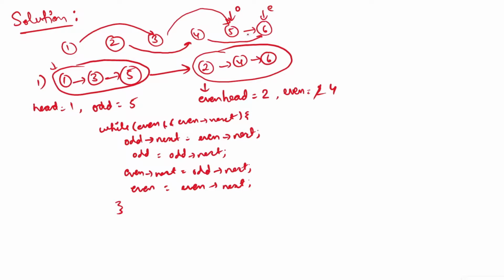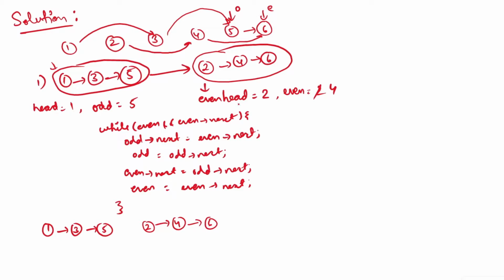After doing this, our linked list traversal is completed. Now we reach the end. So how does our linked list look? 1 is pointing to 3, 3 is pointing to 5, and 2 is pointing to 4, and 4 is pointing to 6.